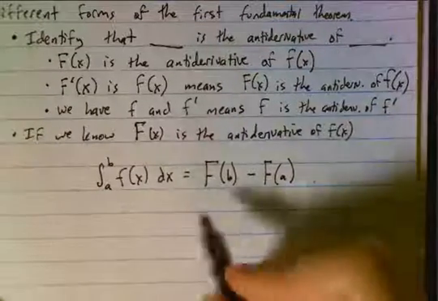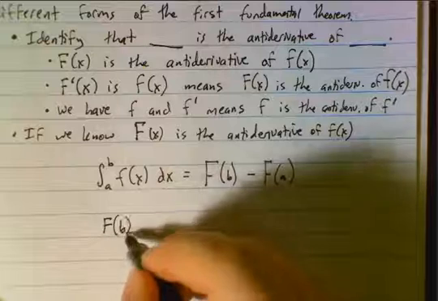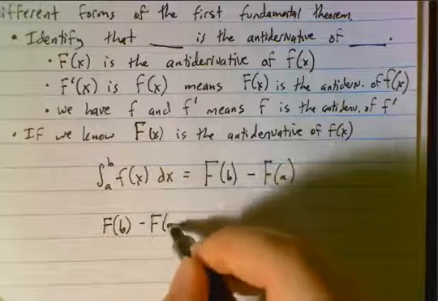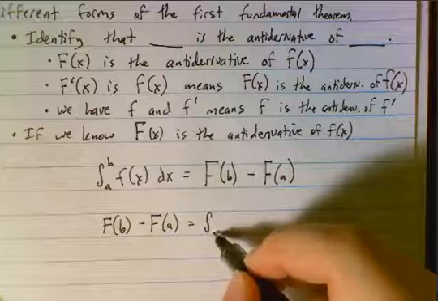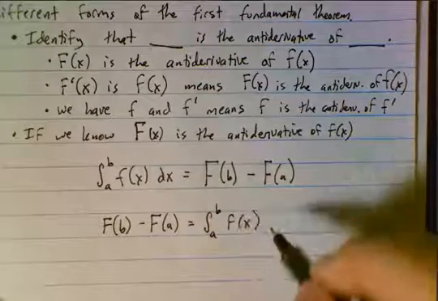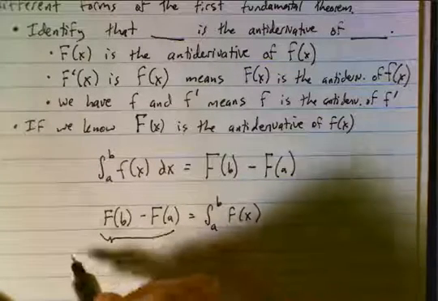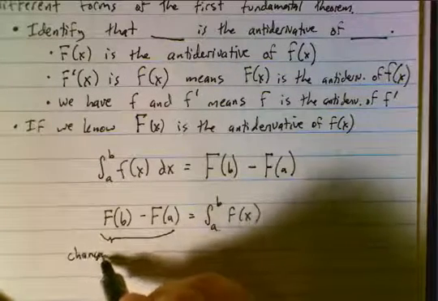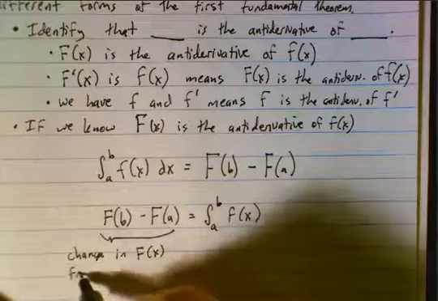But we can also go the other way. If we're told that we want to find capital F of b minus capital F of a, that's the same thing as doing the integral from a to b of its derivative. We also need to remember that this can be thought of as the change in capital F of x from a to b.